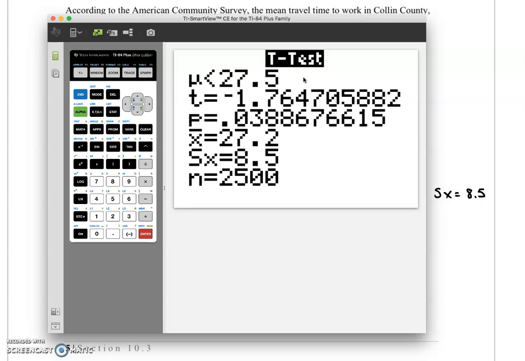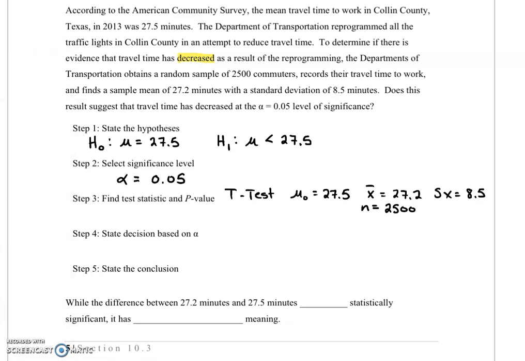And our p-value is 0.0389. So t, we said, was negative 1.76. And the p-value was approximately 0.0389.